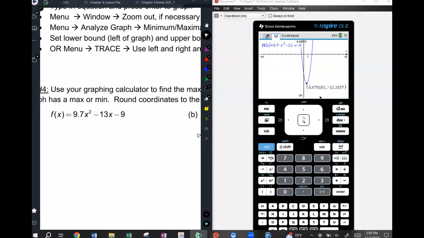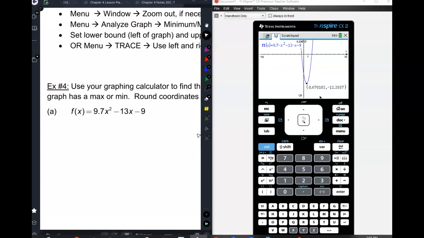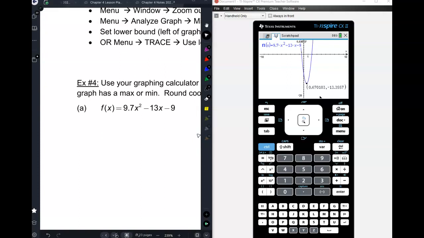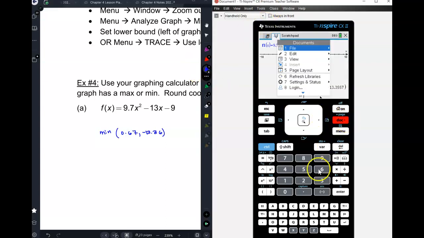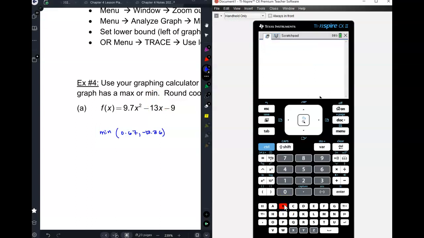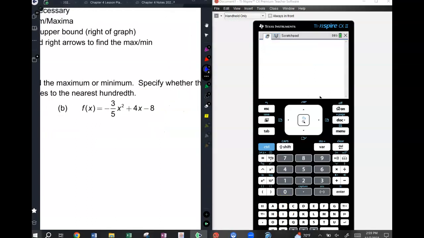How many decimal places is a hundredth? 2. So we're going to say that there is a minimum, and it's (0.67, -13.36).